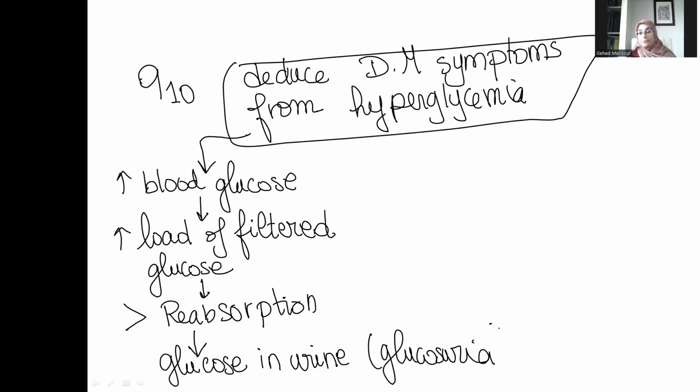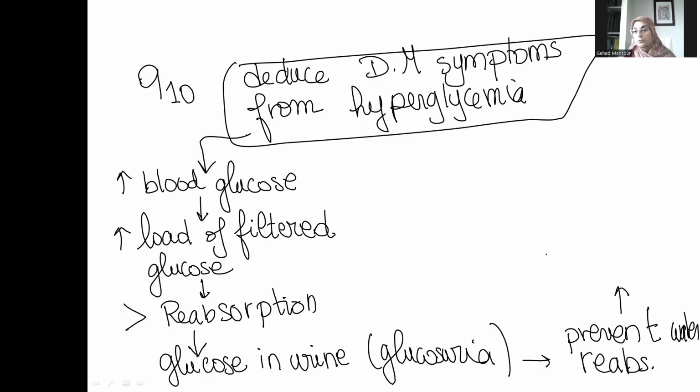And if you have glucose in urine, then this glucose will attract water and will prevent water reabsorption. It wants the water to stay with it in the renal tubules and not be reabsorbed because glucose attracts water. So it will prevent reabsorption of what?